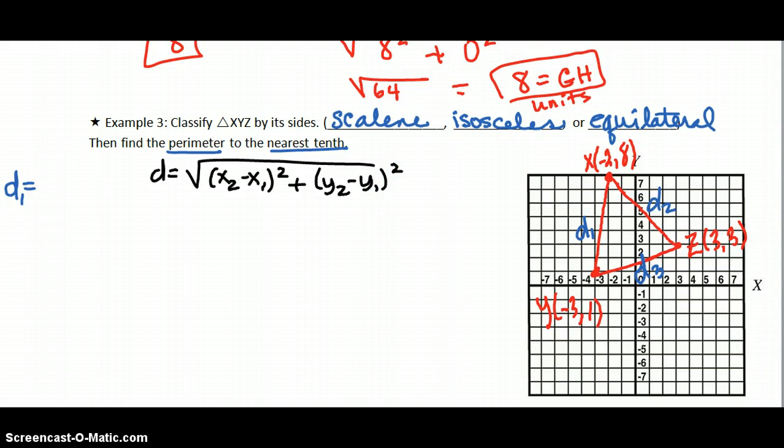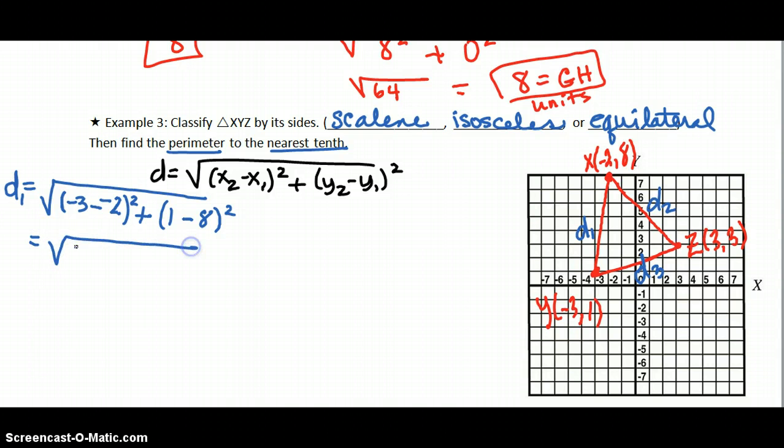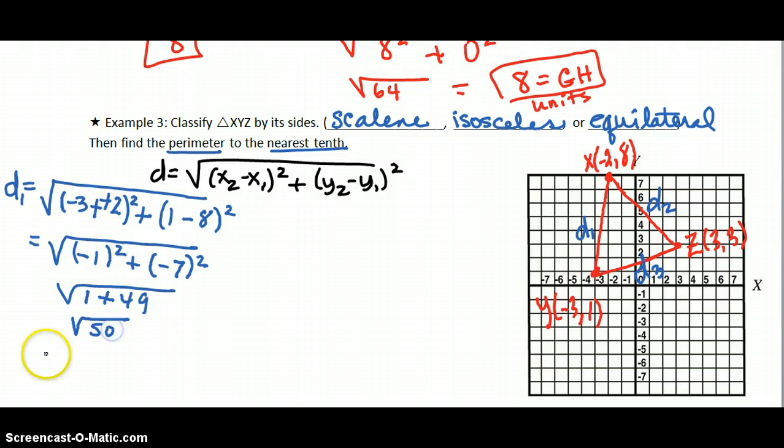So back to blue, D1 equals, my x's for D1 are -3 and -2. So -3 minus -2, beware of that minus and negative right there, plus my y's, which is 1 and 8. So 1 minus 8. So distance number 1 is going to be, two negatives make positive, so that's a -1 squared plus a -7 squared. And that's going to give me 1 plus 49. The square root of 50 is approximately 7.1.